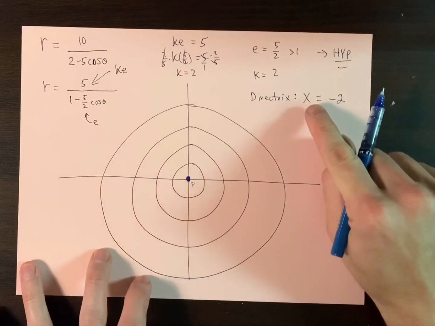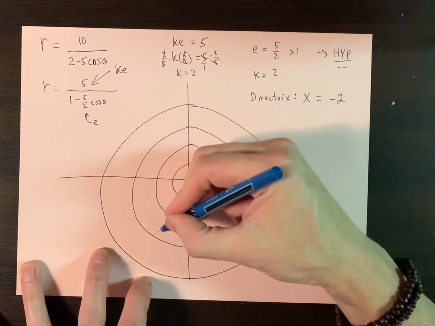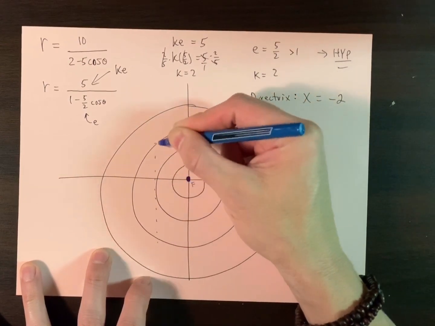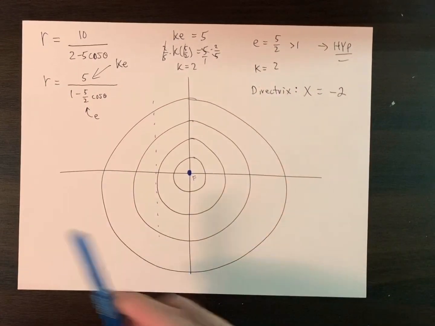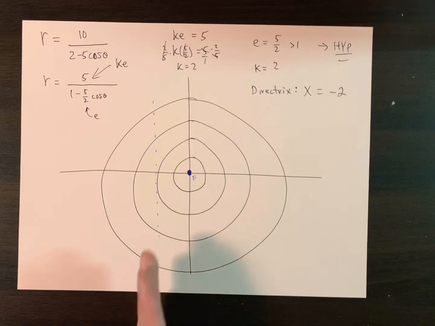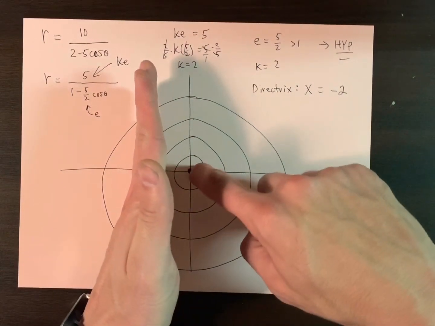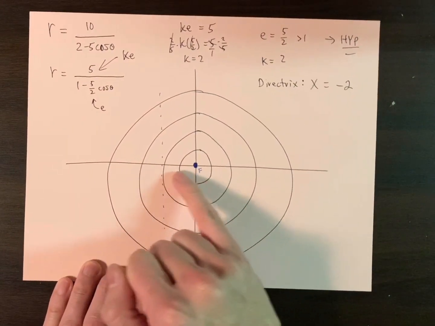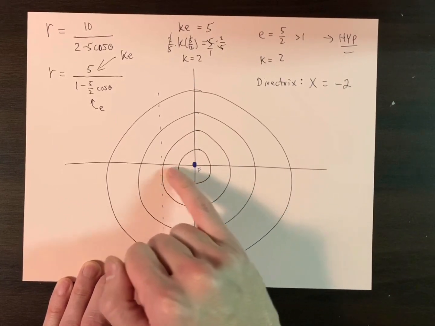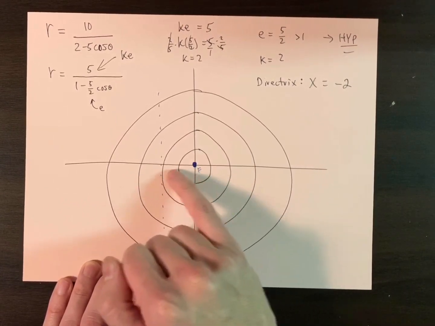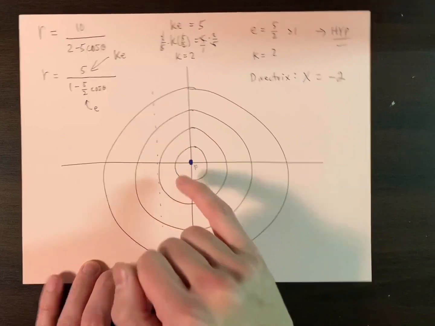And our directrix, which we just found, is X equals -2. So it's somewhere here. And then we also know that somewhere between the directrix and the focus, you have your vertex. I don't know where, but it's somewhere in between.